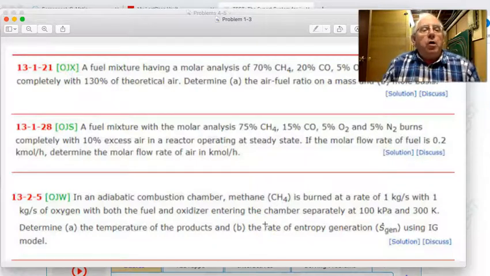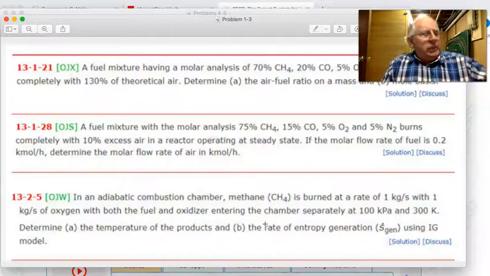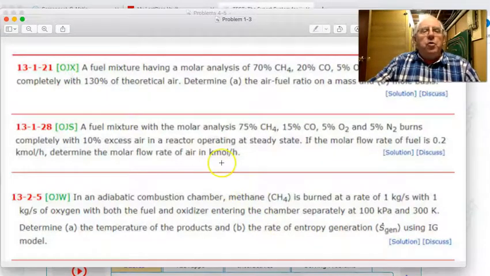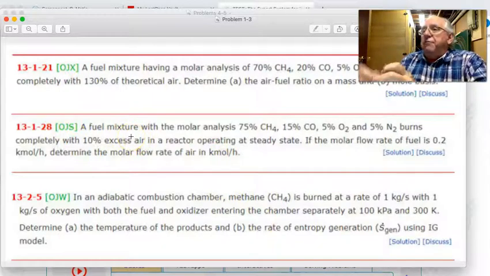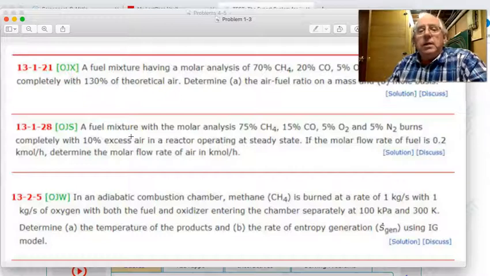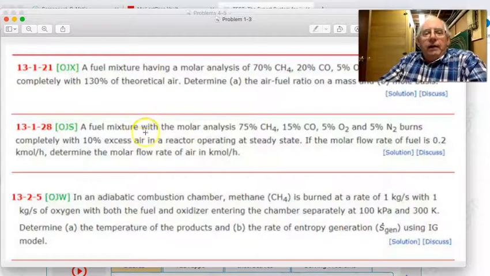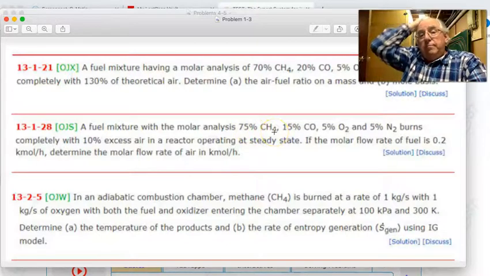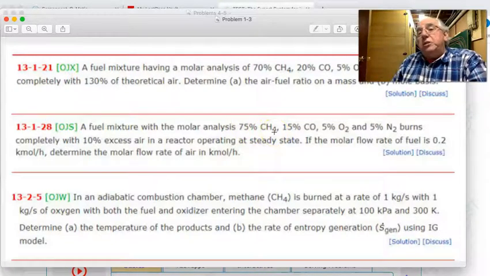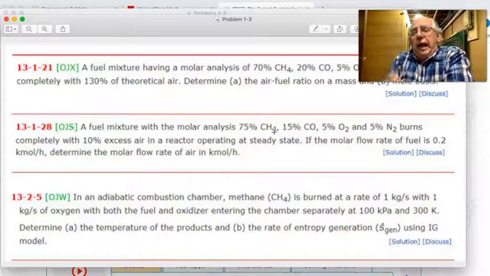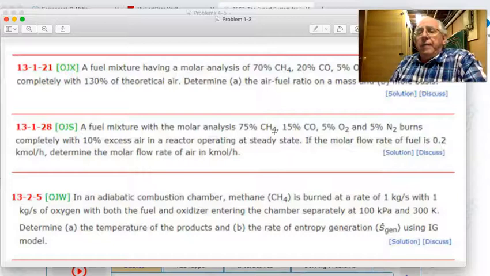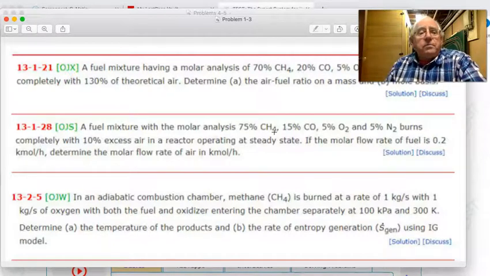13.128 OJS. In this particular problem, we have a fuel that is made up of a mixture of different gases. And so we are given that the mixture is 75% methane, 15% CO, carbon monoxide, 5% oxygen, and 5% nitrogen.